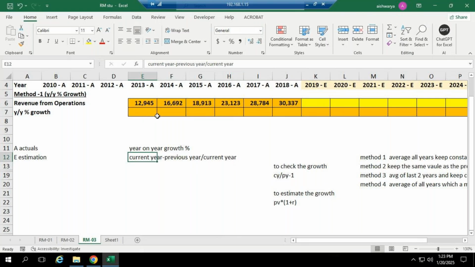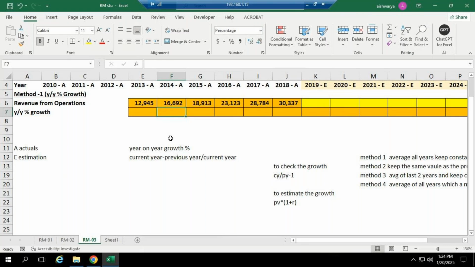Shall we start now? For 2019 we have the data, but for 2012 we don't have the data, so we have to start from 2014. That's nothing but the year on year percentage growth.